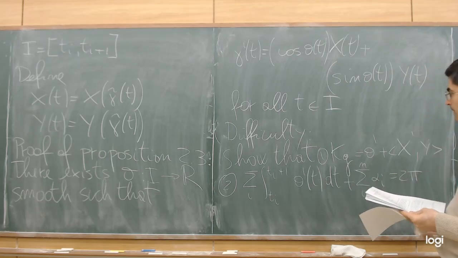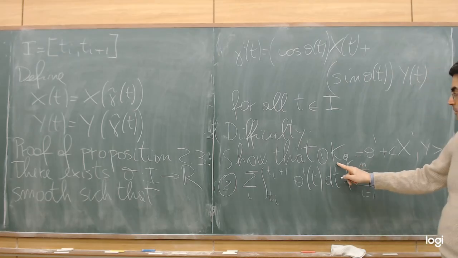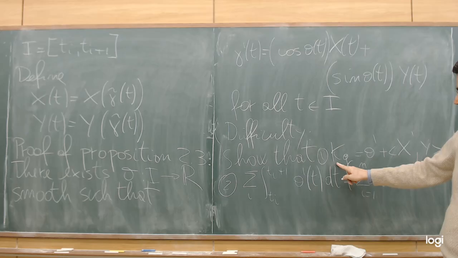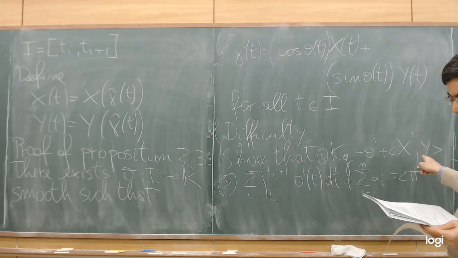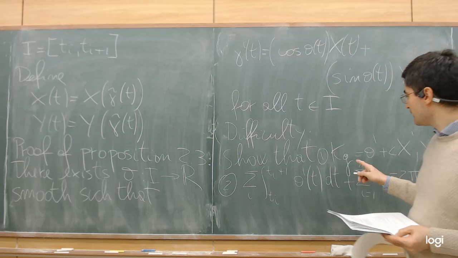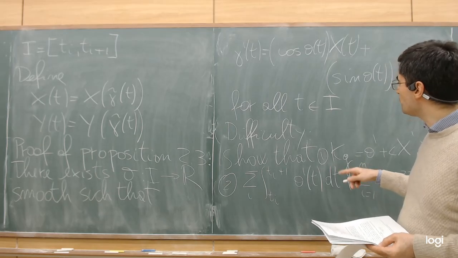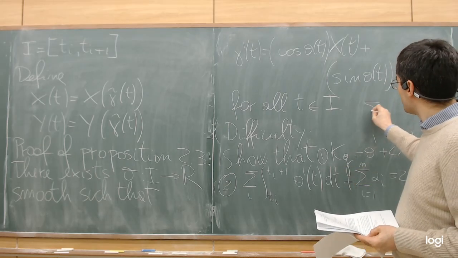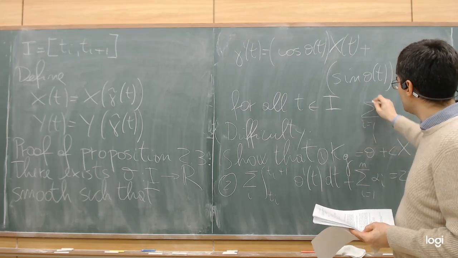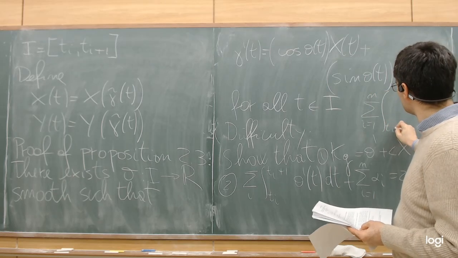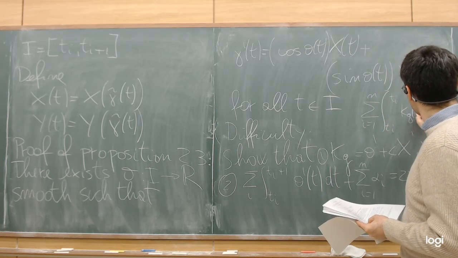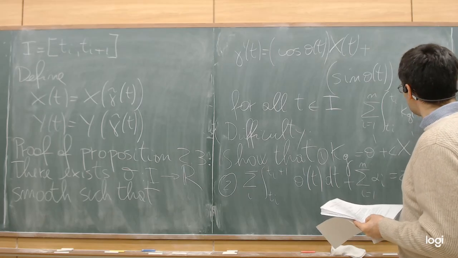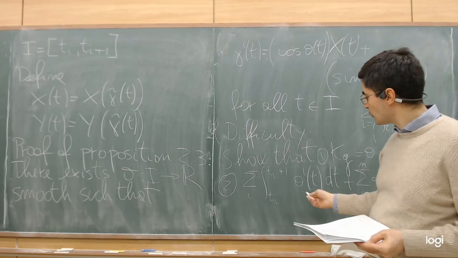Since the geodesic curvature can be written as theta prime plus something else, then instead of proving that the sum on i from 1 to n of this integral is equal to something, we work with theta prime.